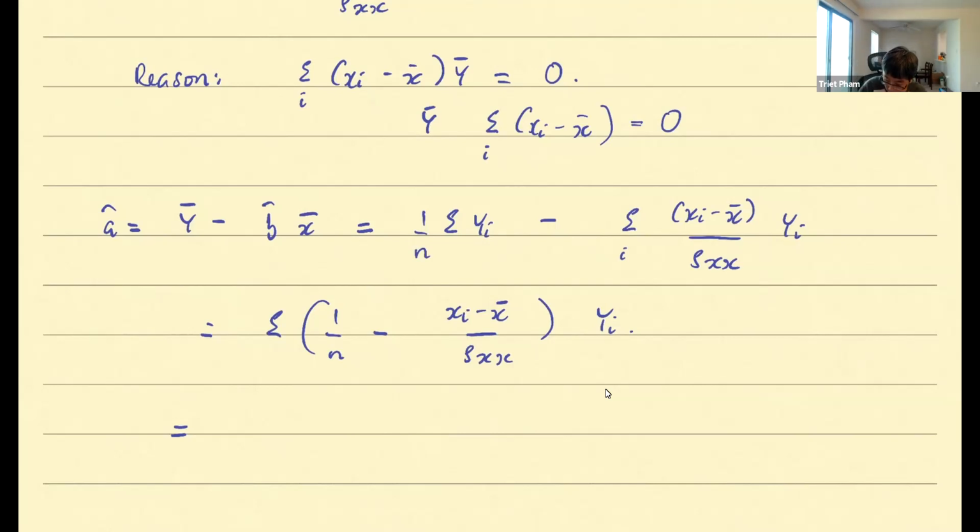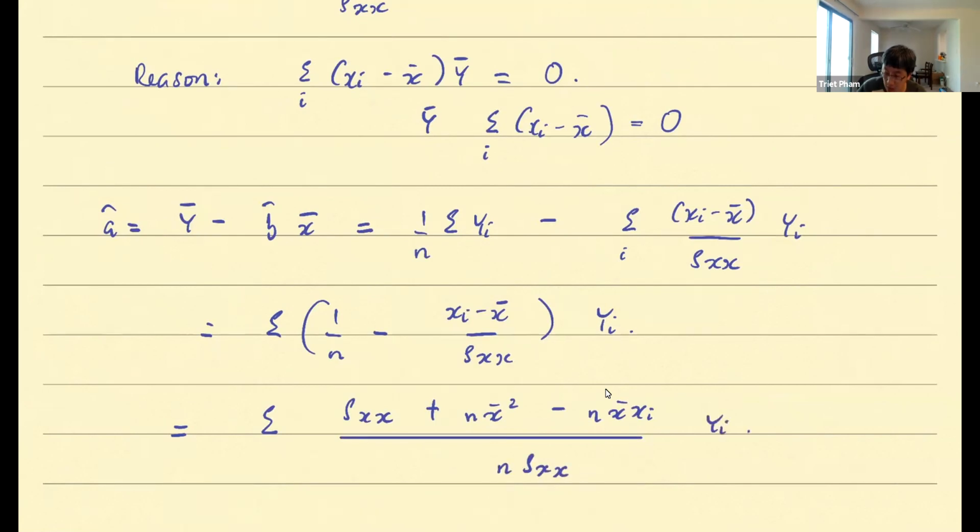I don't care for that so much, but you see, it's going to be sxx plus n x bar squared minus n x bar xi. And I hope you see that this step to this step is just a common denominator. This term goes here, this term goes here, with some cancellation.